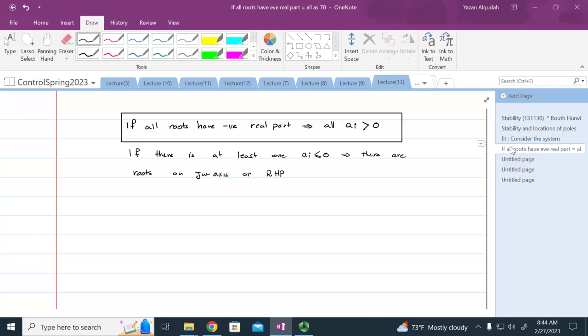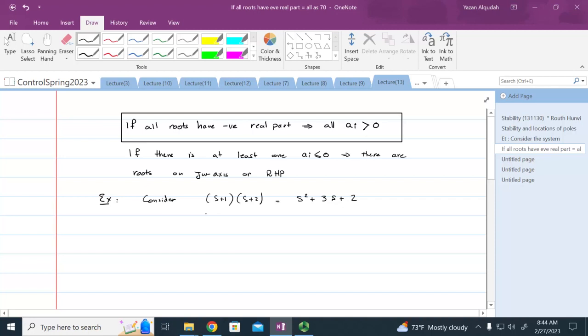Okay, so let's look at a few examples to illustrate this. Let's say we have a polynomial (s plus 1) multiplied by (s plus 2). This is going to be equal to s squared plus 3s plus 2.